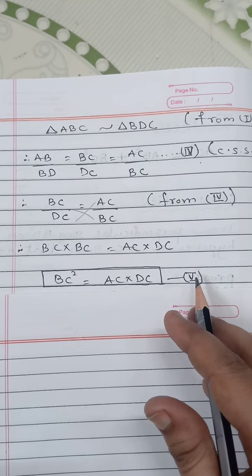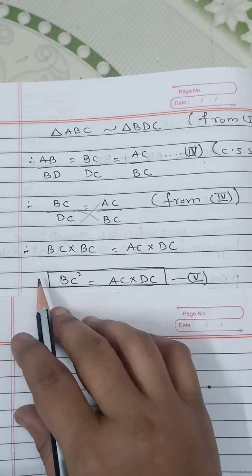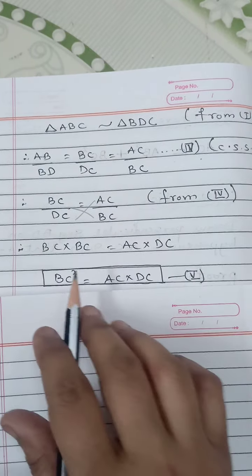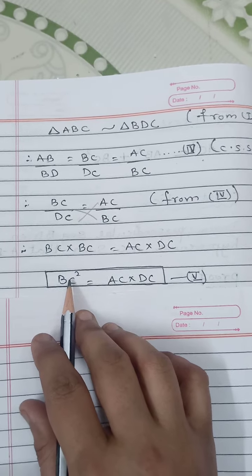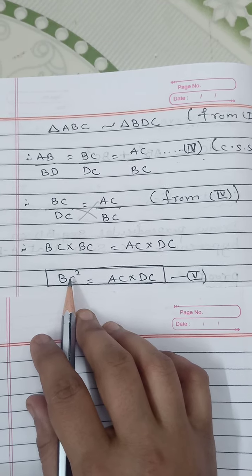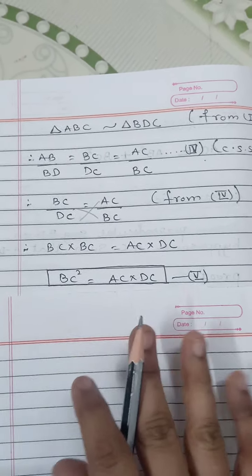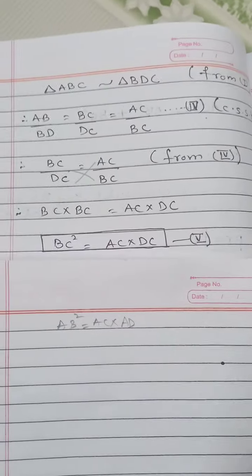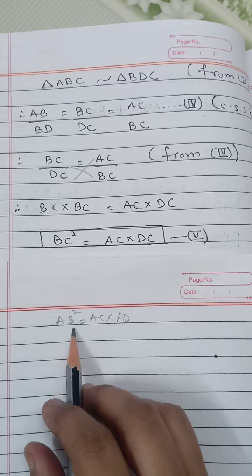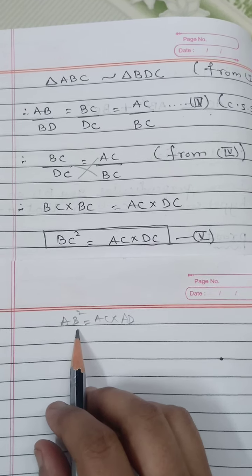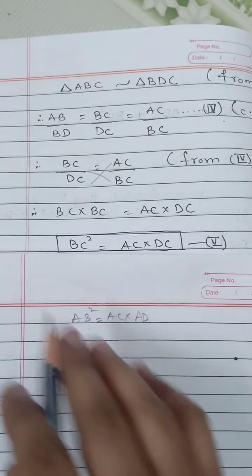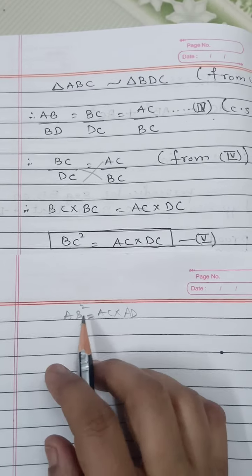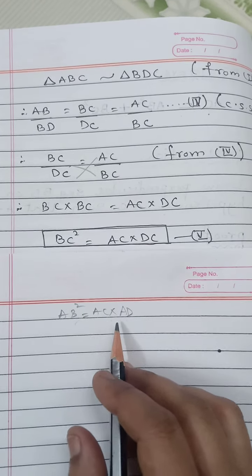In equation number 3, we got AB square and in equation number 5, we got BC square. And AB square and BC square we are going to add. That means we have to add equation 3 and 5. Our equation number 3 is this one, I have written it here because equation number 3 is on the back side. Now AB square is equal to AC into AD.